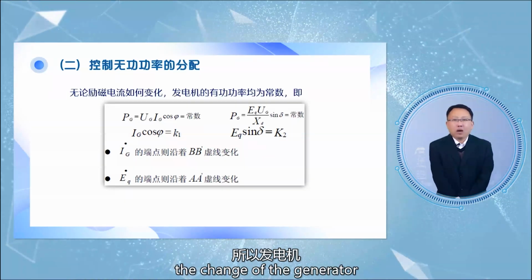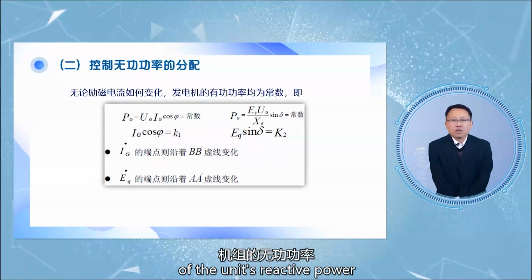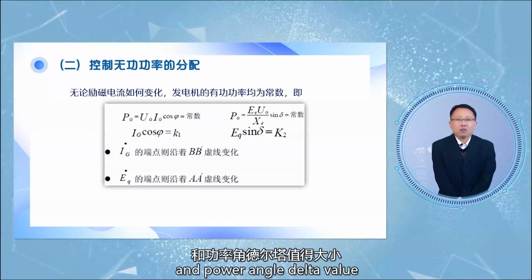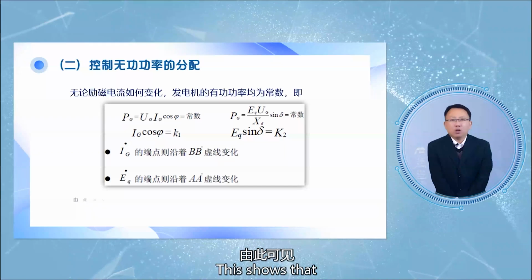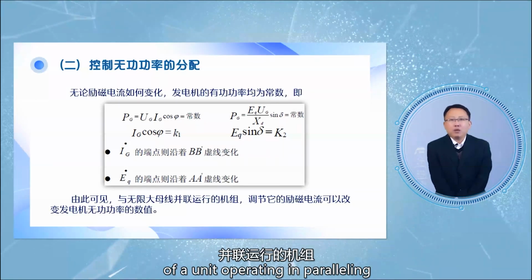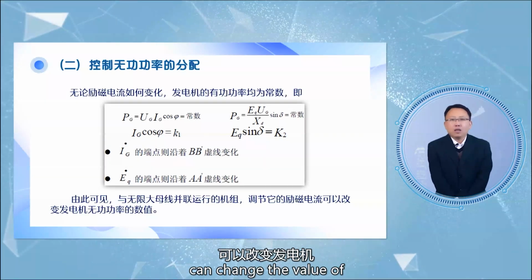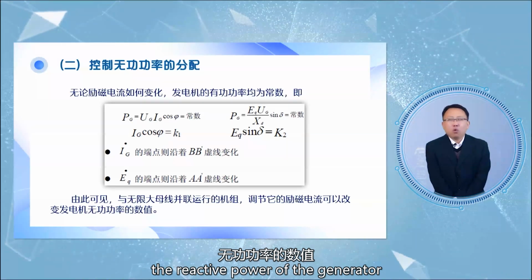The change of the generator excitation current only changes the magnitude of the unit's reactive power and the power angle delta value. This shows that regulating the excitation current of a unit operating in parallel with an infinite bus can change the value of the reactive power of the generator.